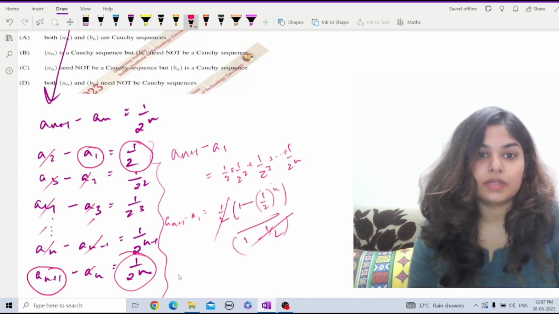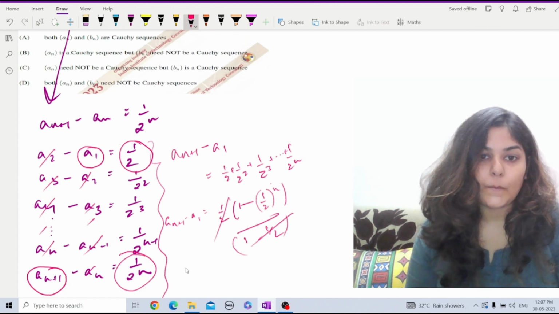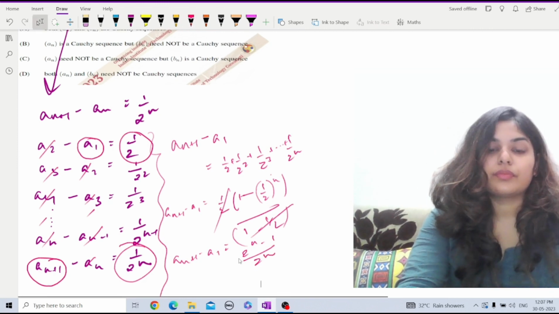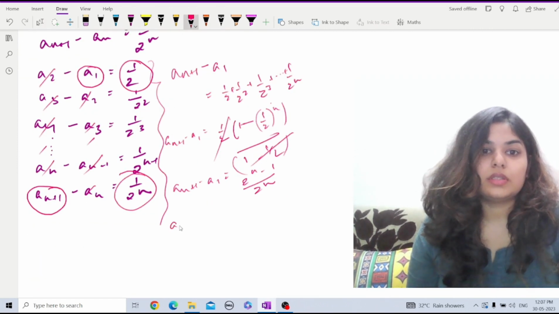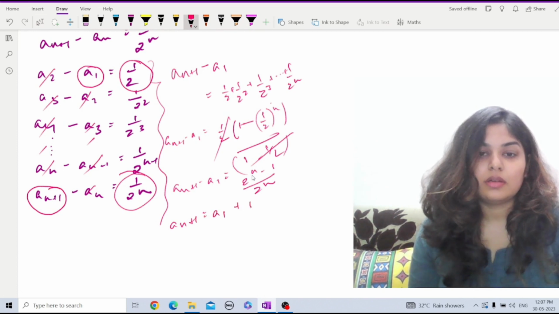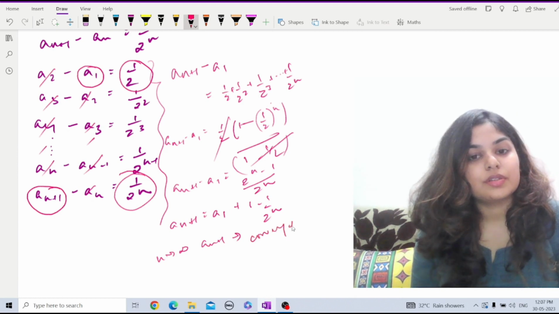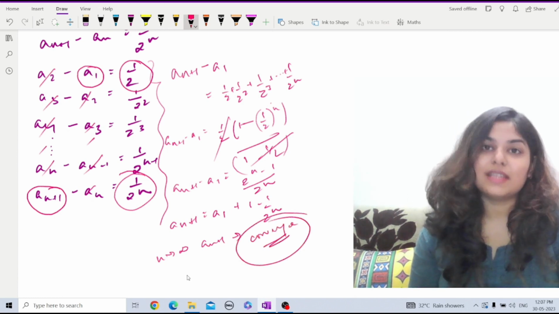So from here we get AN plus 1 minus A1 is equal to 2 to the power n minus 1 by 2 to the power n. Now AN plus 1 is equal to A1 plus 1 minus 1 by 2 to the power n. So as n tends to infinity, obviously AN plus 1 tends to converge. So that means series A is convergent.